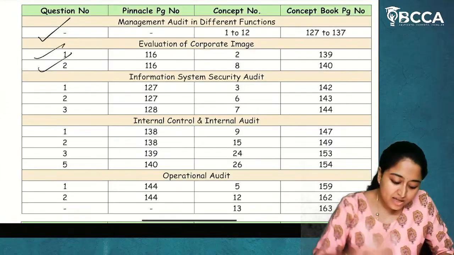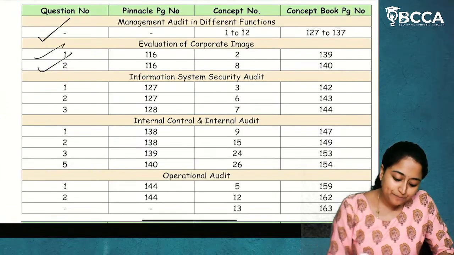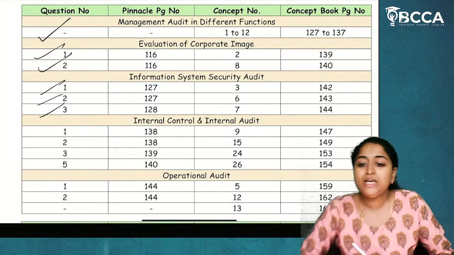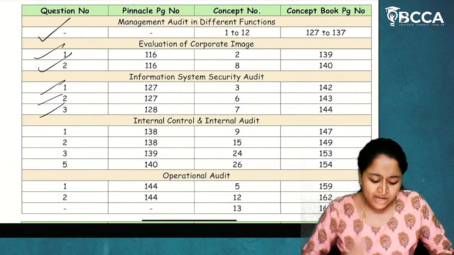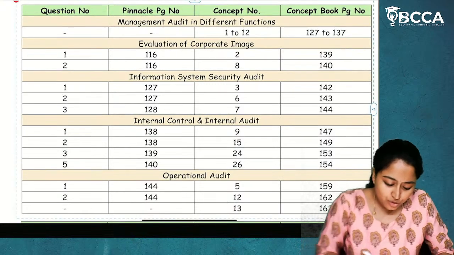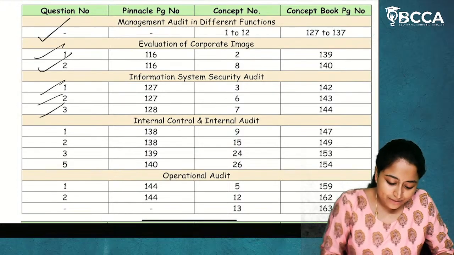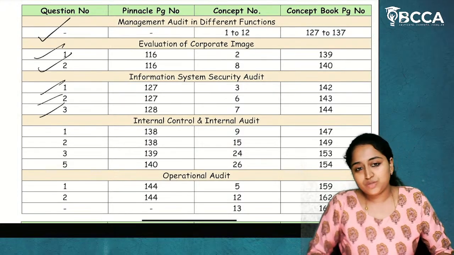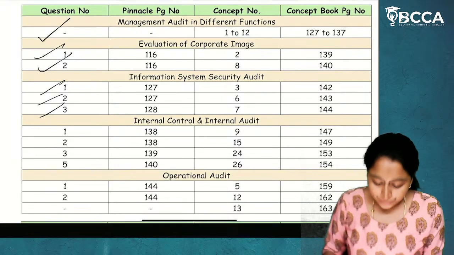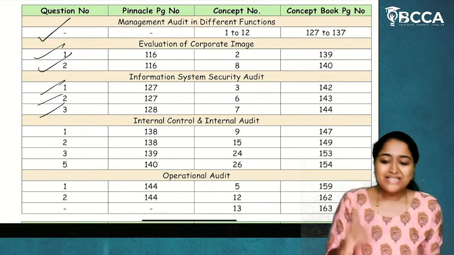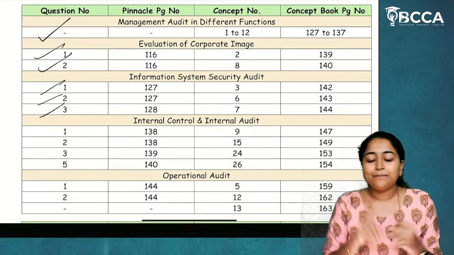So these are the 3 Super 50 questions from Information System Security Audit. I hope it is clear. Now, so far, whatever we have seen, is it clear? Do you have any doubts? We have completed the Super 50 questions for both Section A Cost Audit and Section B Management Audit.